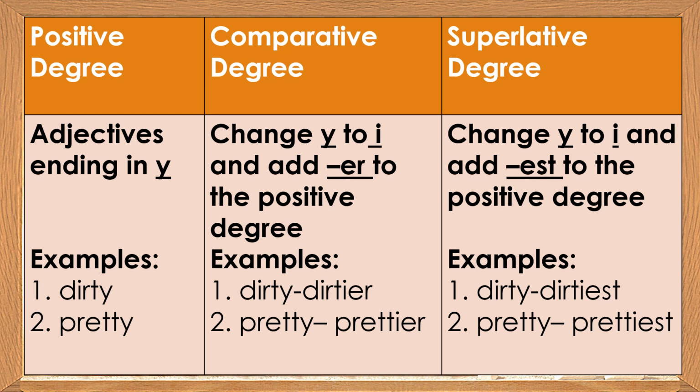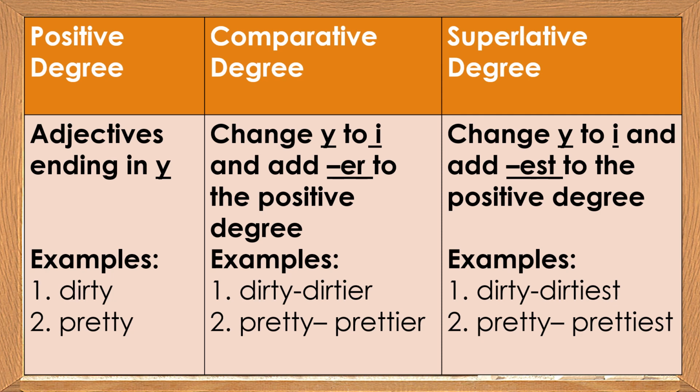For our next rule, for adjectives ending in y, for example, dirty, for the comparative degree, we're going to change y to i and add er to the positive degree. From the word dirty, it becomes dirtier. As for the superlative degree, we're going to change y to i and add est to the positive degree.